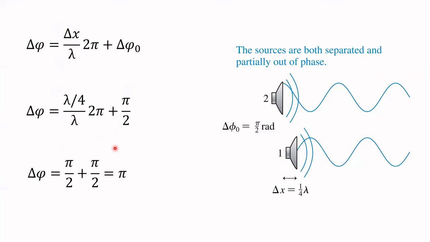And then don't forget about the pi over 2 inherent phase shift, because when one speaker is all the way forward, the other one is in the middle, so they're not going back and forth together. Okay, the net or overall phase difference is pi radians. An overall phase difference of pi radians means the peaks of one are lined up with the valleys of another.